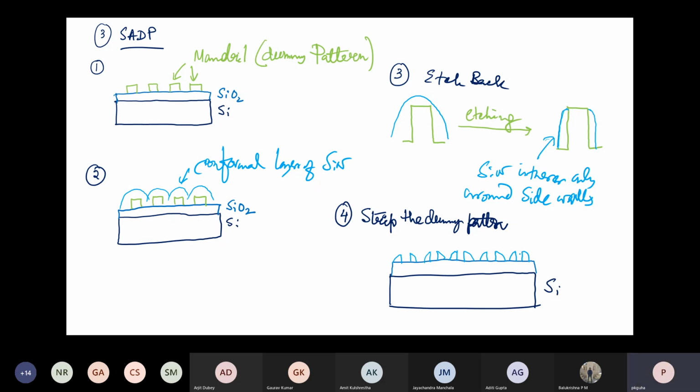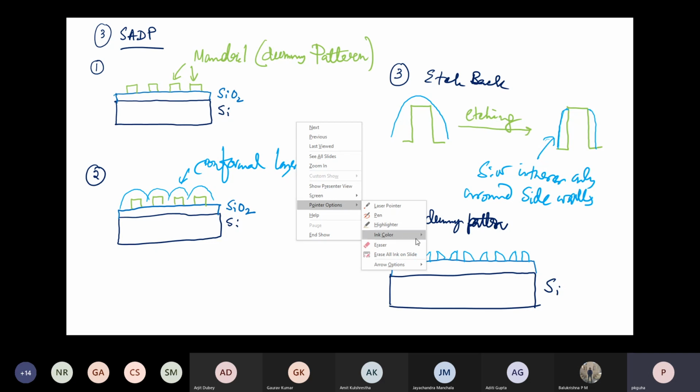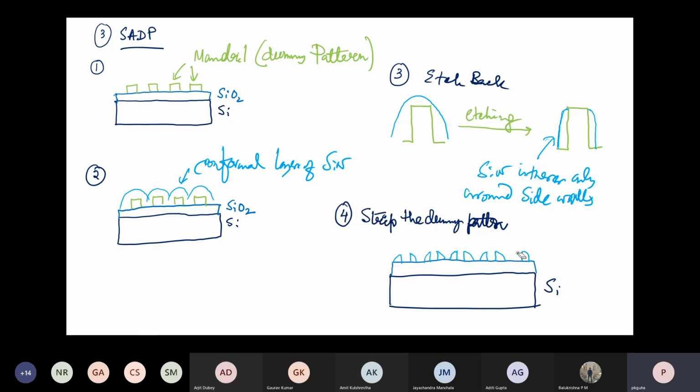There were initially 4 mandrels, right? I have removed them and I am left with this SiN pattern.